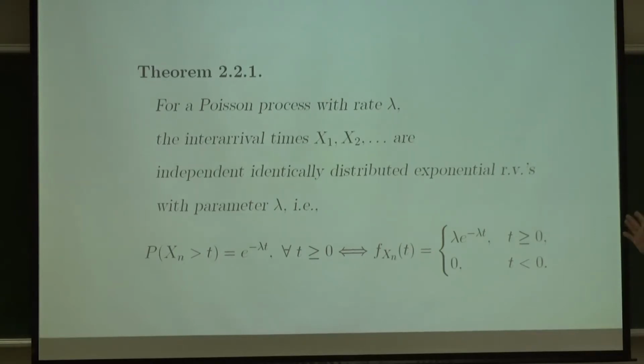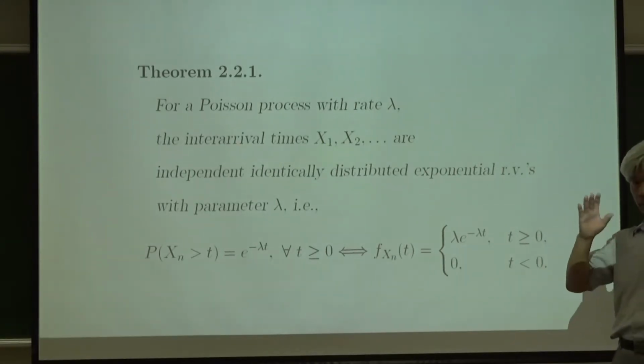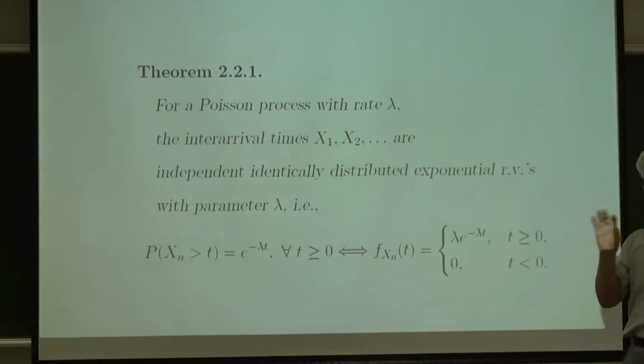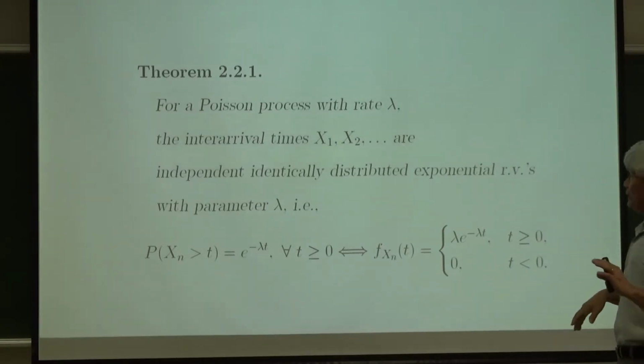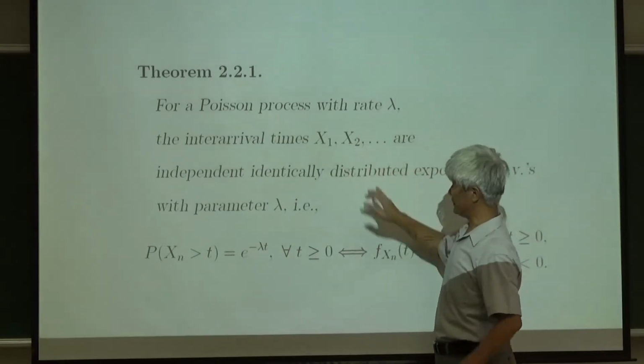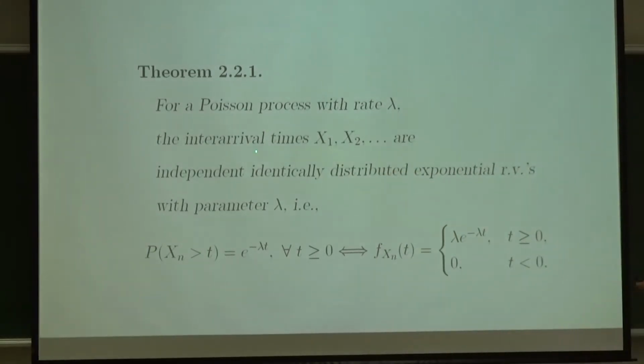Okay. So now we have another description of the Poisson process in terms of interval times. For a Poisson process with rate lambda, the interval times x1, x2, and so on. Because a Poisson process is a special kind of point process, it can be described by interval times. But for a Poisson process, the interval times are independent.